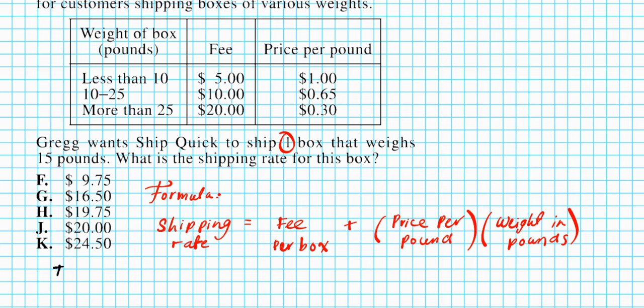For one box, for a box that weighs 15 pounds, which is the case with Greg, we use the second row.